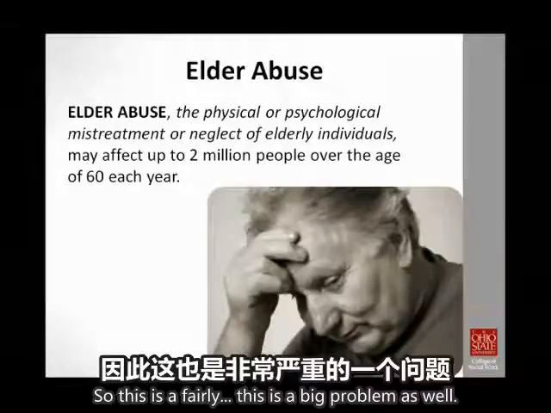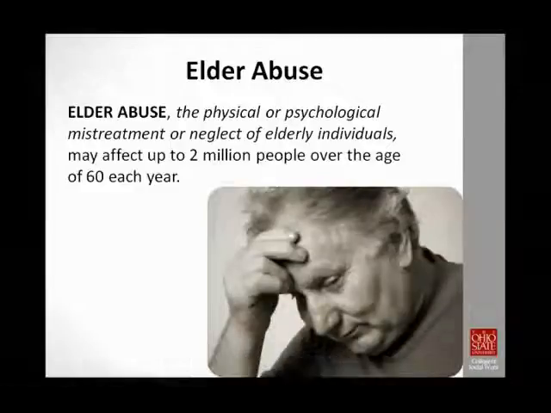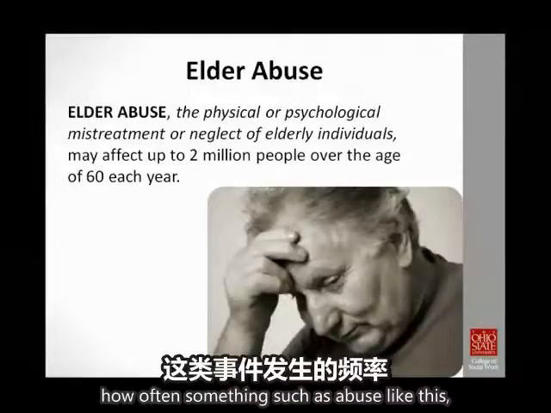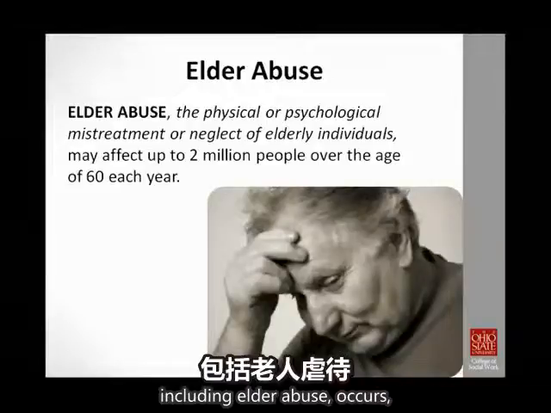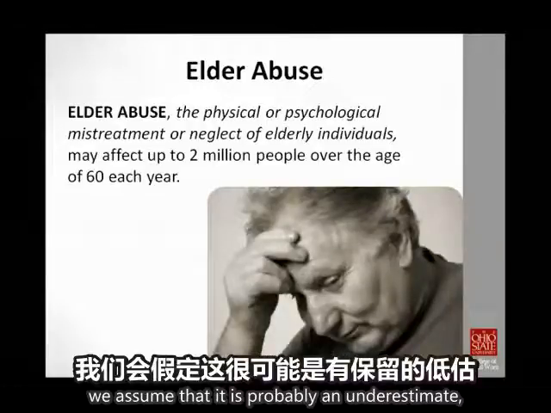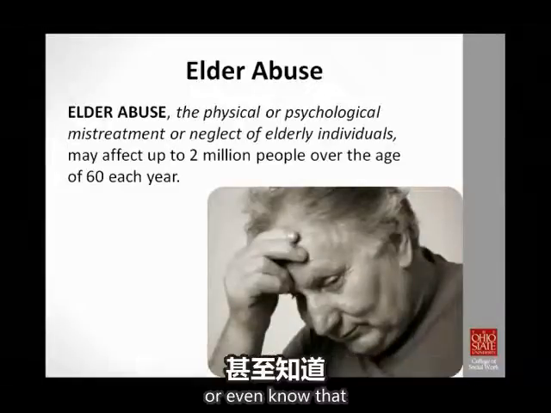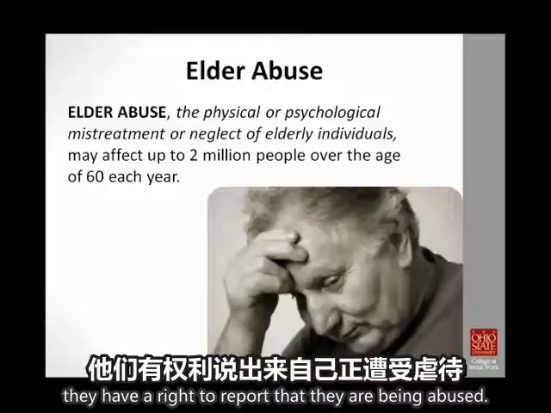So this is a big problem as well. Again, whenever we use estimates as to how often something such as abuse like this, including elder abuse, occurs, we assume that it is probably an underestimate, as victims may be too embarrassed or humiliated or may not even know that they have a right to report that they are being abused.